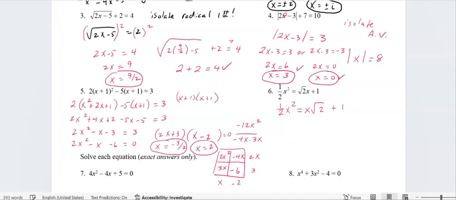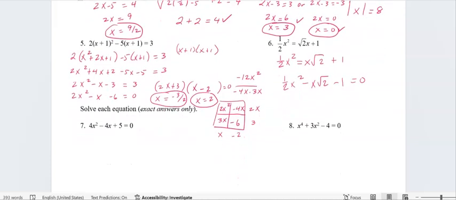Okay, and now we can set this up to prepare to use the quadratic formula. It's just a quadratic equation. And the opposite of b. Now I know this is turned around, but b is the square root of 2, a is 1/2, and c is -1.